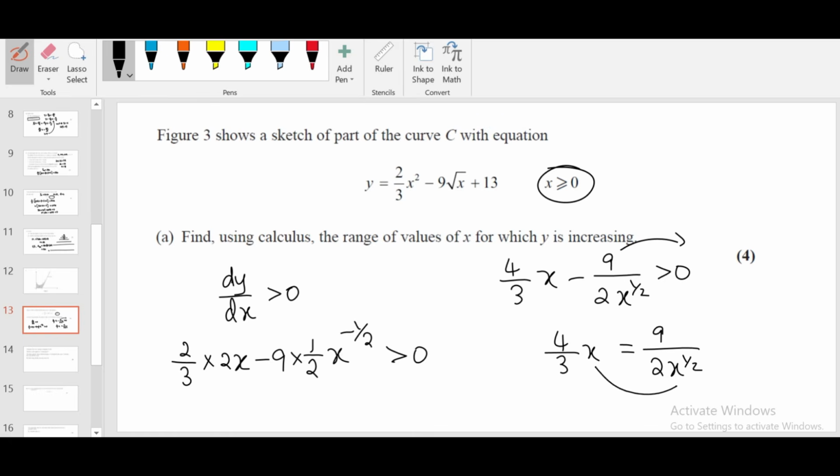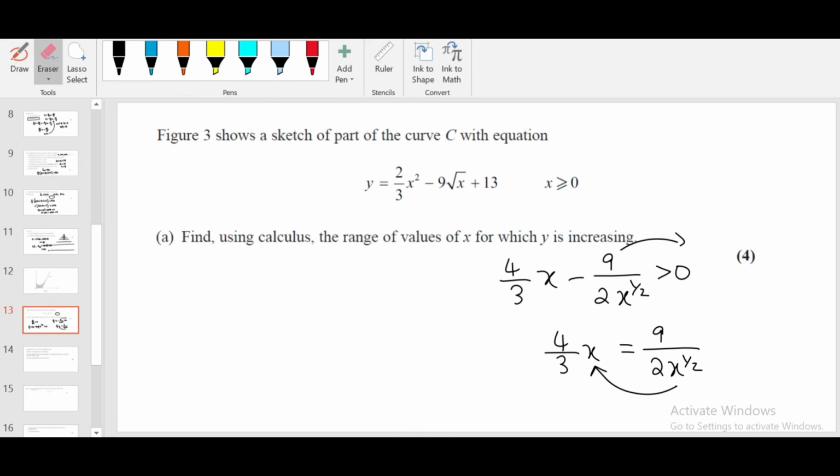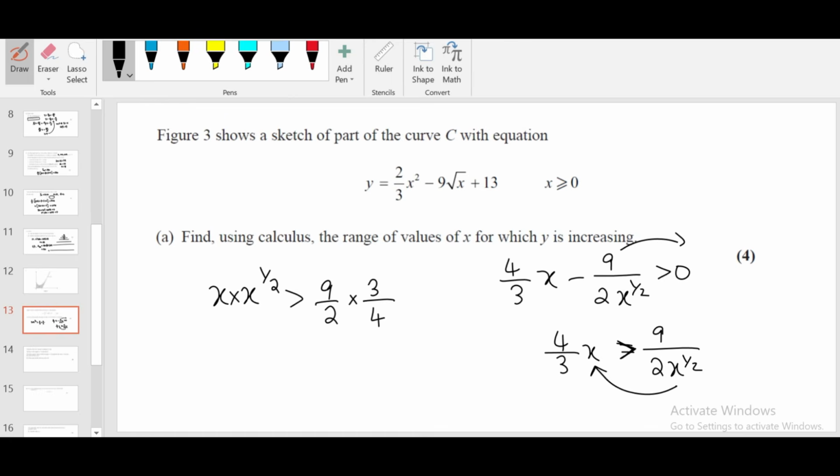So I'm going to bring x to the power half here, and 4 over 3 to the other side. What will happen? You will get x times x to the power half, which is greater than, sorry, not equal to, greater than 9 over 2. The 4 over 3 goes to the other side, becomes 3 over 4. So this is x to the power 3 over 2 is greater than 27 over 8.